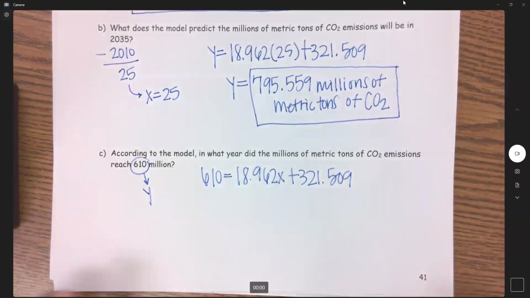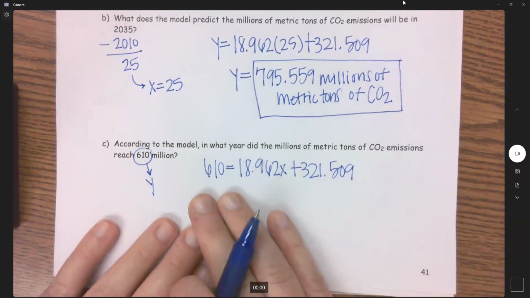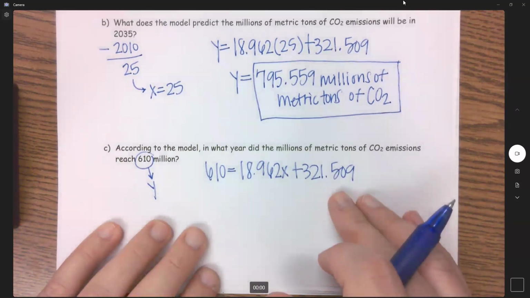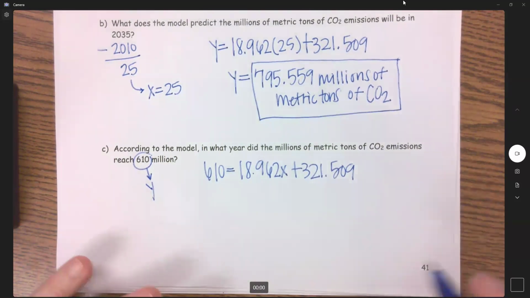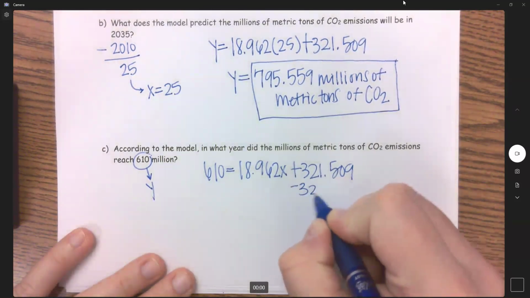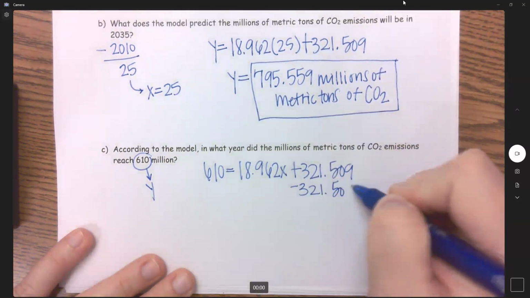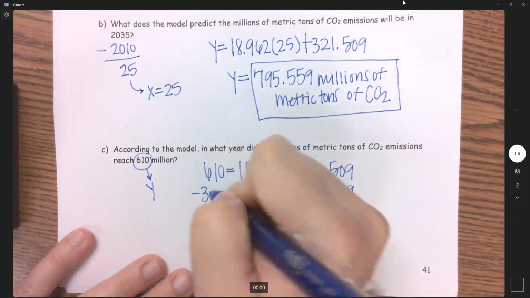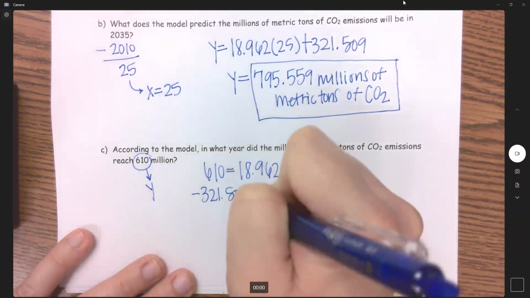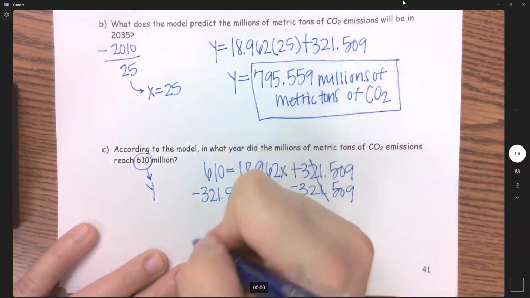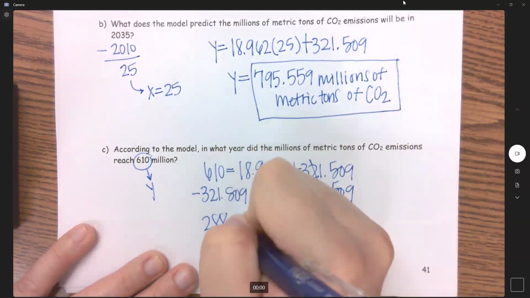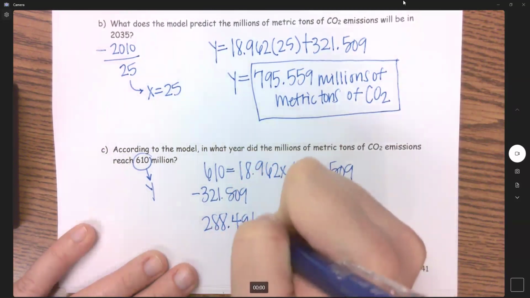Because we're not real familiar with our graphing calculator yet, a lot of times, especially in class, we say just solve it like normal. So we can solve it like normal. We'll subtract this 321.509 over. And so we get 288.491.